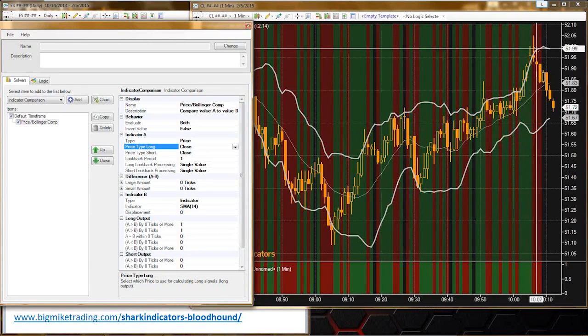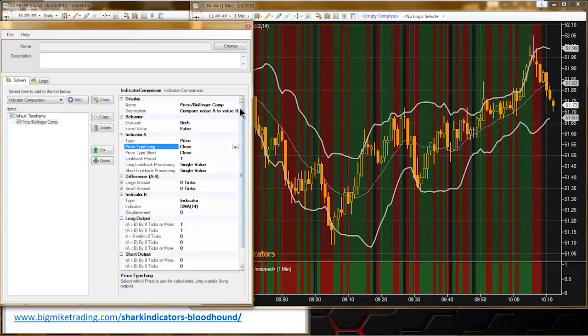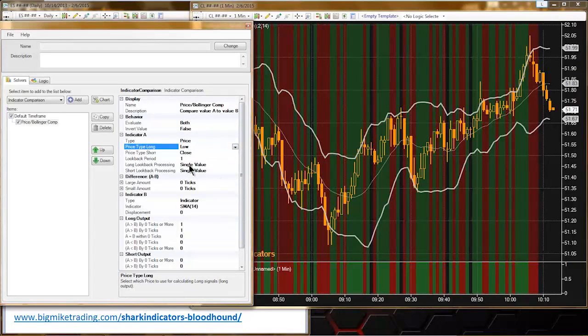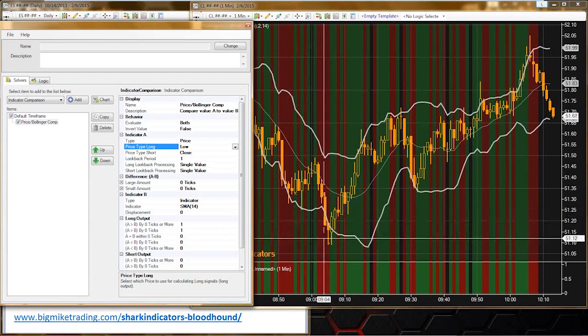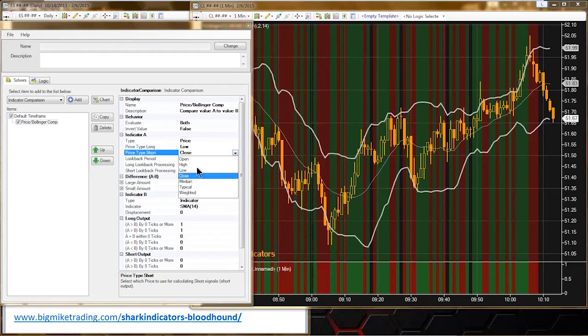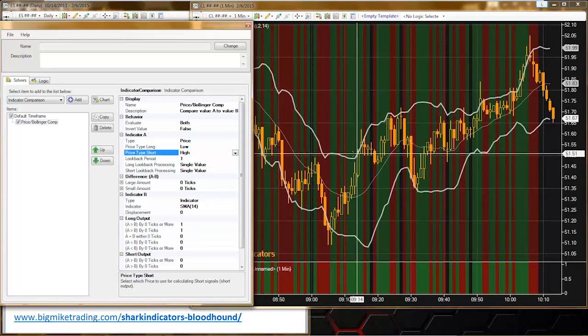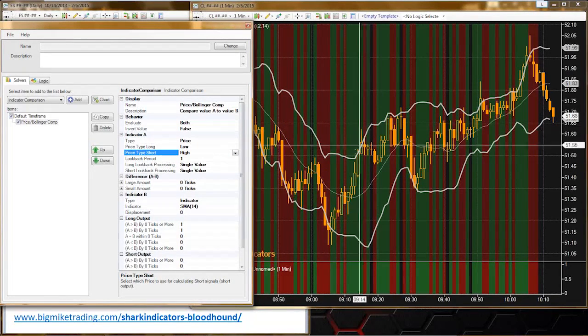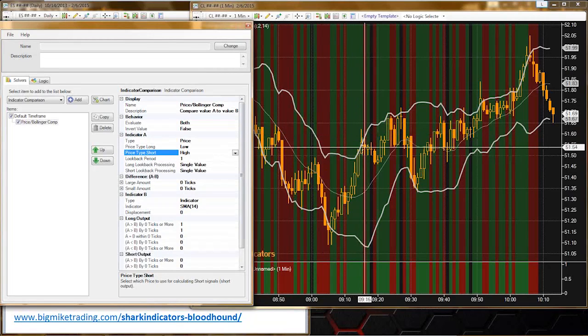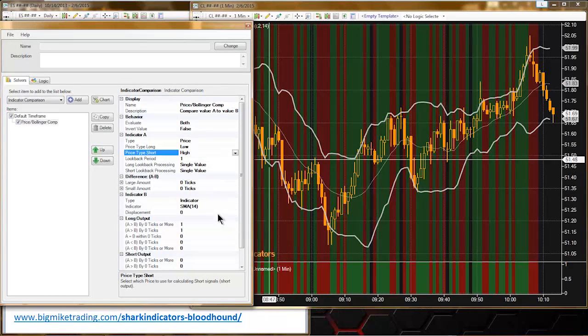I'm going to use that to identify potential short possibilities. So for a long signal, I want to use the low of the bar, to see when it breaks below the lower Bollinger Band, and I'm going to use the high of the bar to generate a short signal. When the high of the bar extends too high, we want to identify this as a short potential.